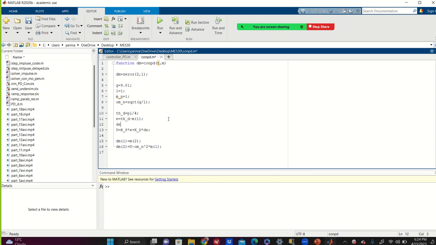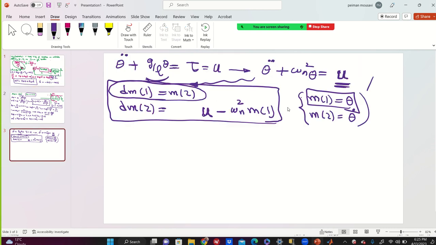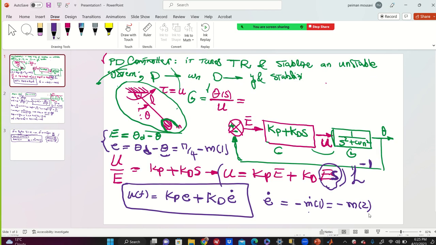So DE that you defined here below for KD was how much? Minus M2. Here we go. We developed it together, right? Yes, everybody? Do you have any question? Stop me. We define E as desired, pi over 4, minus theta, which is M1. Its time derivative is minus M dot 1 based on the state variable. M dot 1 is M2, so it's minus M2.